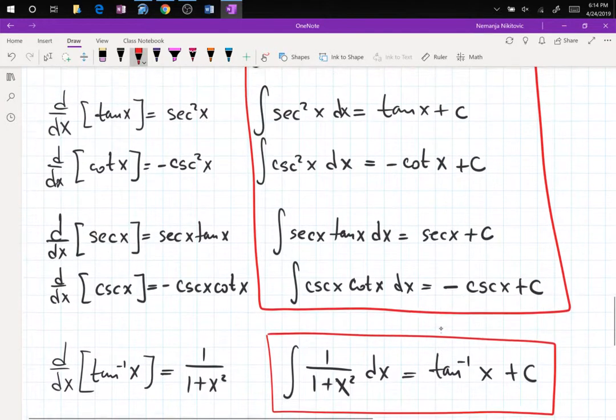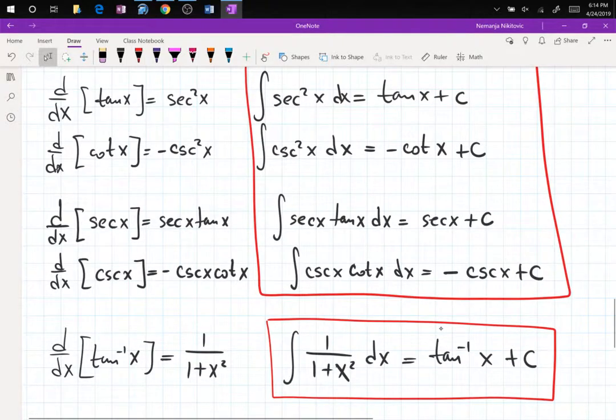So everything that I listed in these formulas here is broken into 3 different tables in your 4.9 section in the textbook. So when you flip through pages. Now, I see that some of you have textbooks in class. In the back of the textbook, there is a table, a list of, I believe, either 105 or 106 integral formulas.